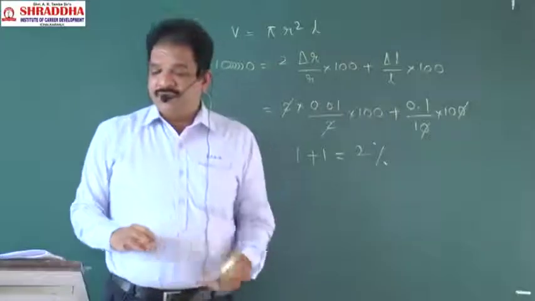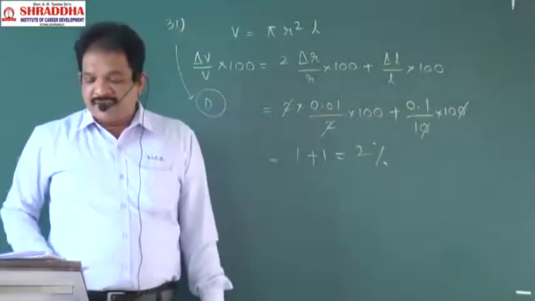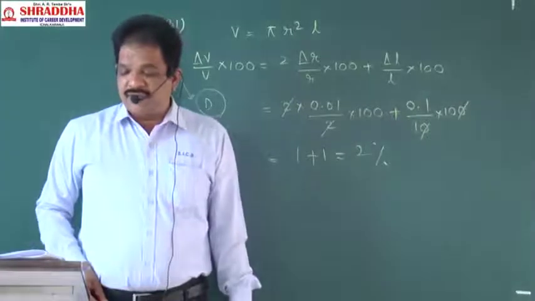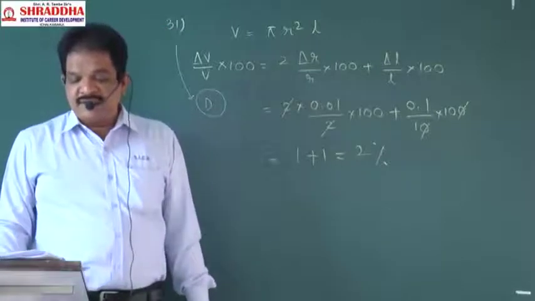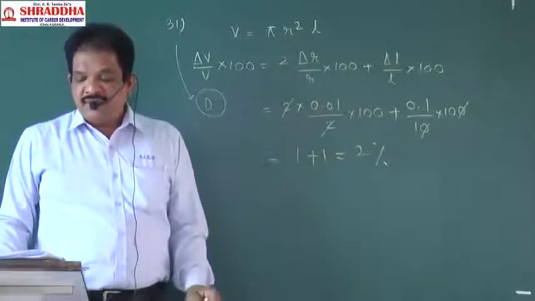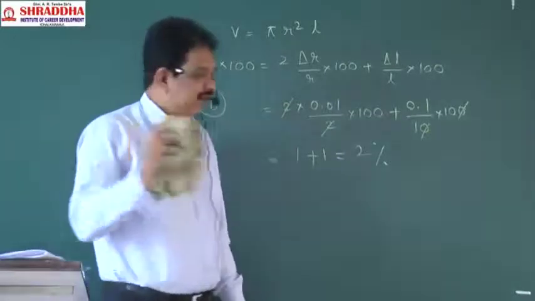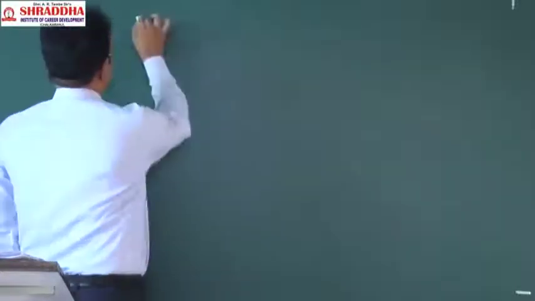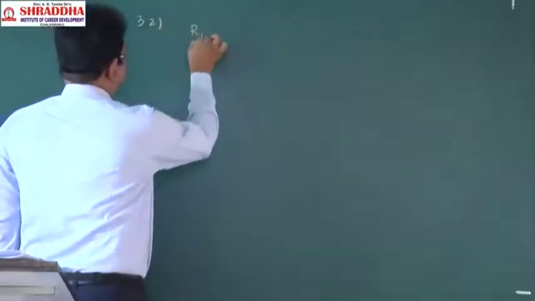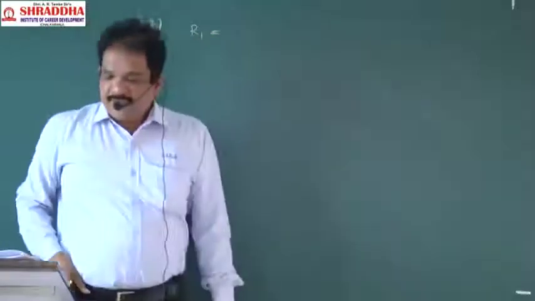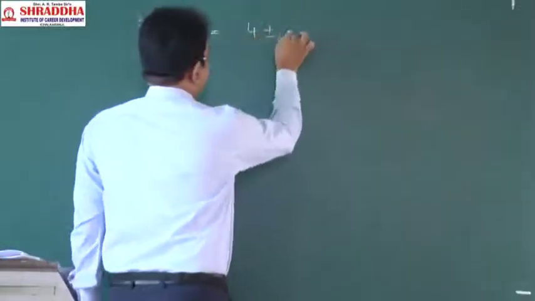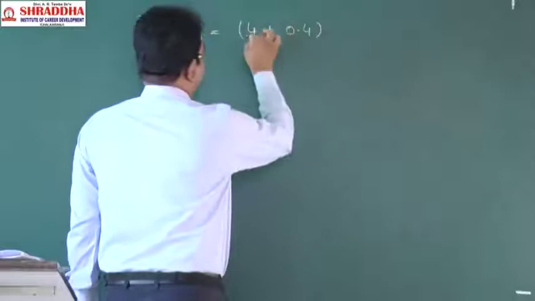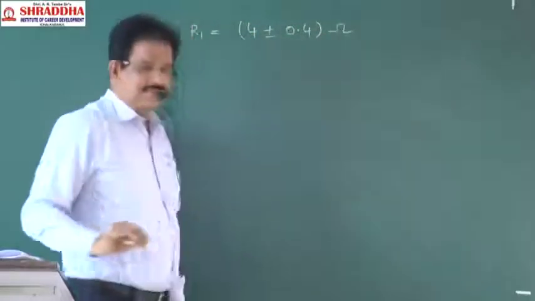Next 32. Two carbon resistances R1, R2 values are given. What is the net resistance with percentage error if they are connected in series? 32 you see: one resistor is there, its resistance value will be 4 plus or minus 0.4 ohms.